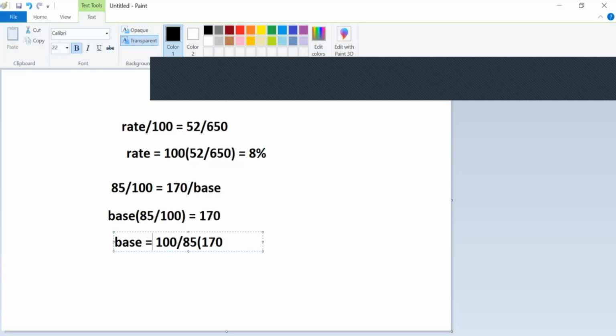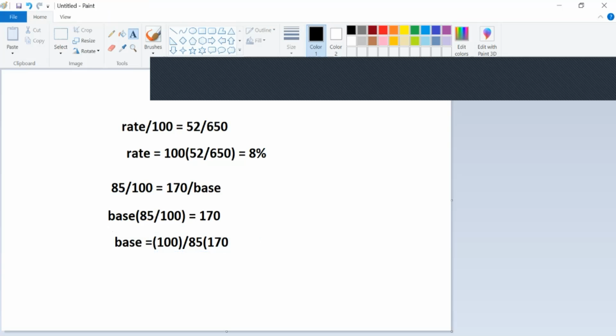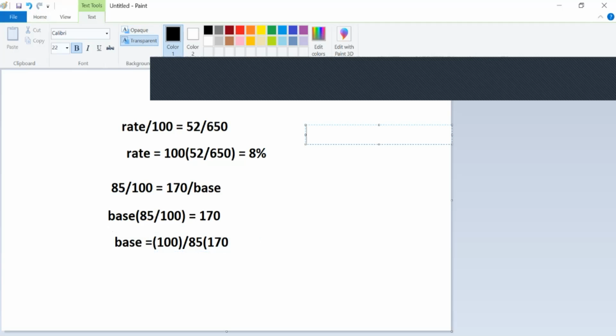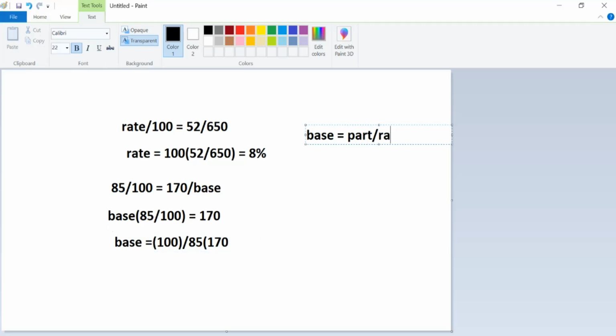The key on these is to know how to convert to base, how to convert to rate, and how to convert to part. This is the formula right up there. In this case, the base is equal to the part divided by the rate.